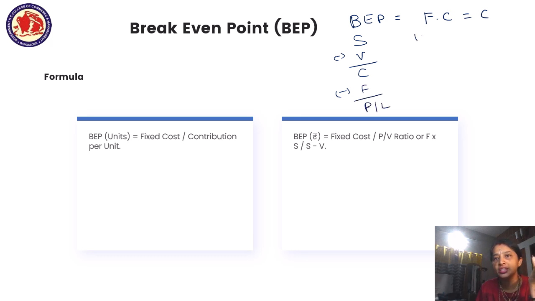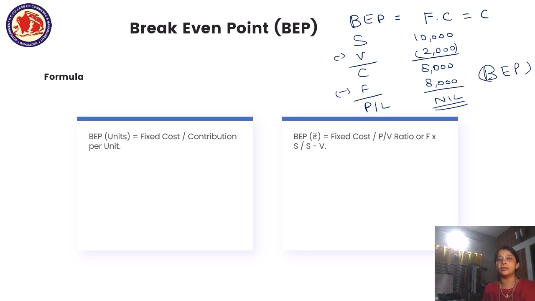Supposing your sales is 10,000 rupees, your variable cost is 2,000 rupees and your contribution is 8,000, 10,000 minus 2,000. Supposing your fixed cost is also 8,000, then your profit or loss will be nil. This situation is called the break-even point.